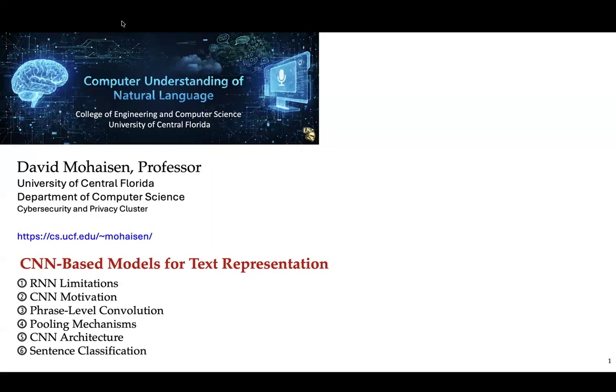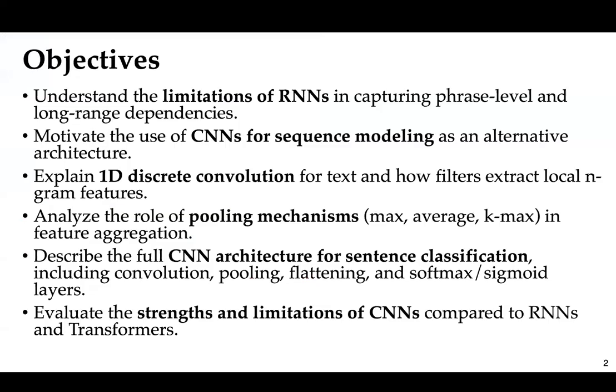Without any further ado, here are the objectives: understand the limitations of RNNs in capturing phrase level and long range dependencies. This is a problem that's going to be recurring for anything to do with RNNs and any flavor of RNNs. RNNs, LSTM, GRU, bidirectional RNNs, multi-layer RNNs, all of them have the same problems. Then we'll motivate CNNs for sequence modeling as an alternative.